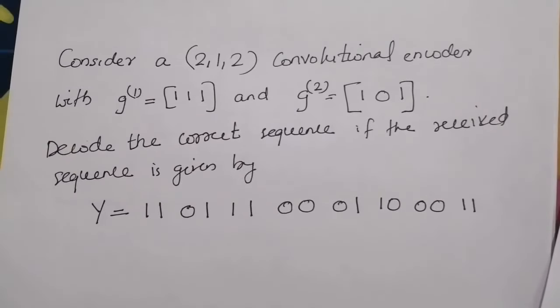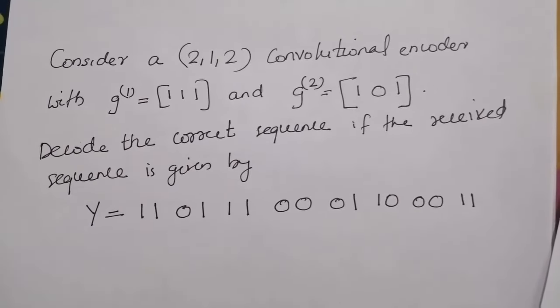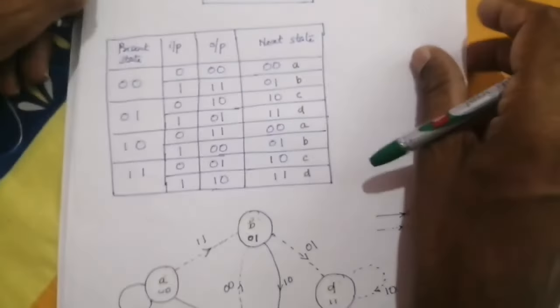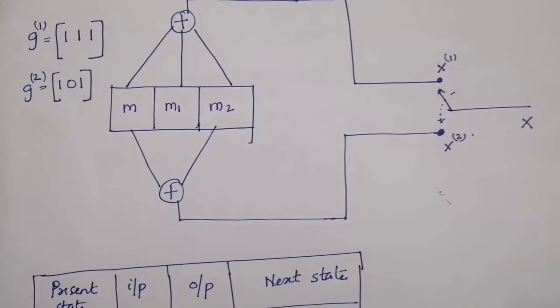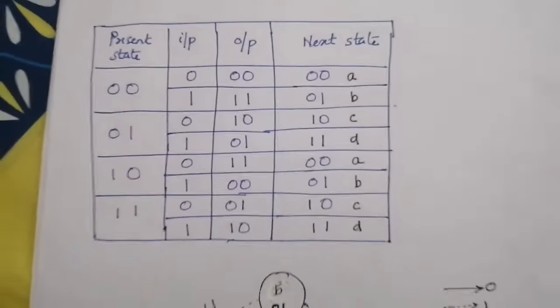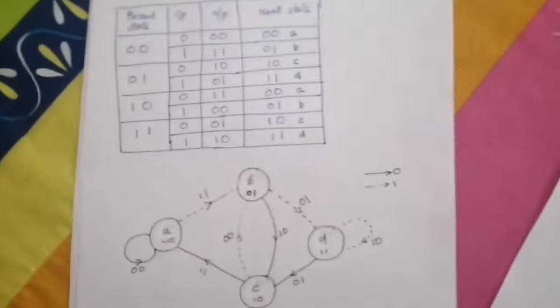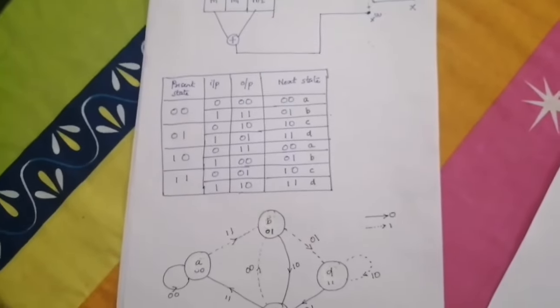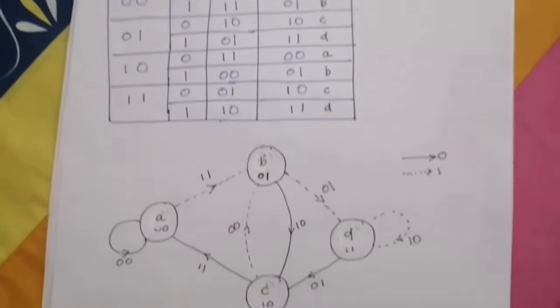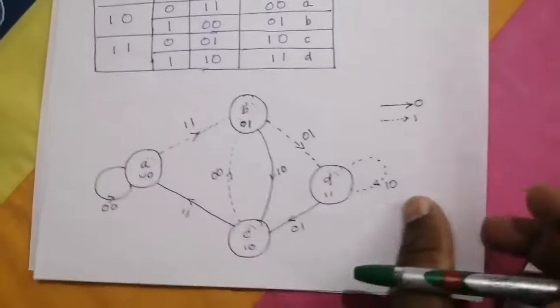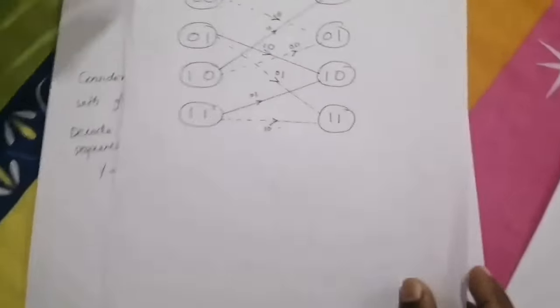This convolution encoder we already discussed in the last class, and the corresponding convolution encoder is given like this, and the state table is this, and the state diagram is this. And the corresponding code trellis is this.